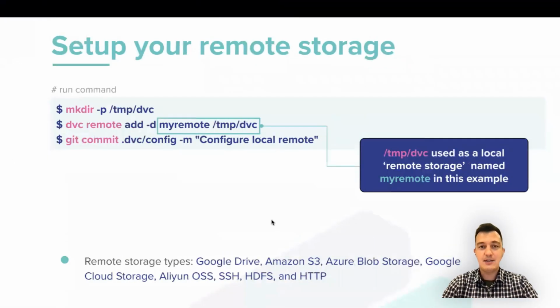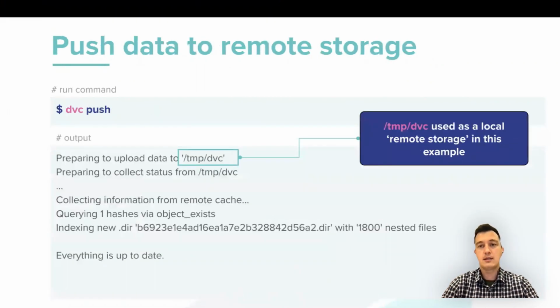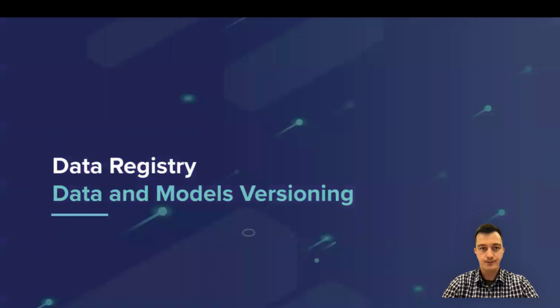Okay, let's continue. So this is how DVC remote storage works. It just keeps your data somewhere and can bring this data to your workspace when you need it. And this mechanism can be used to create a data registry.